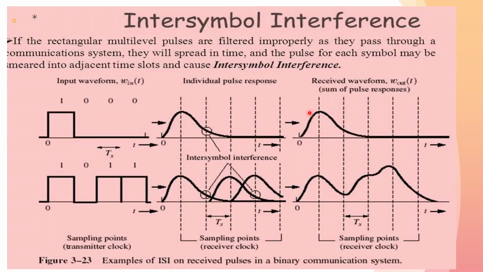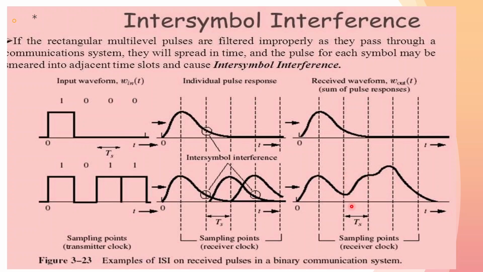At the receiver side, for one bit there is no problem, but if a sequence of bits 1 0 1 1 is transmitted, then at the output the bits get dispersed, and we don't know which bit was transmitted at this point.